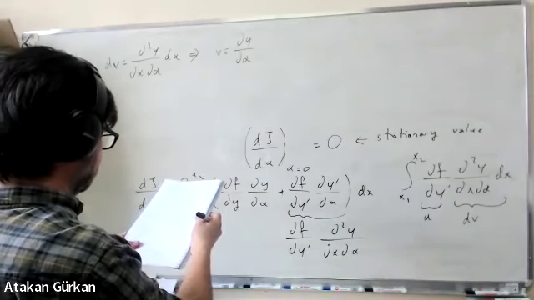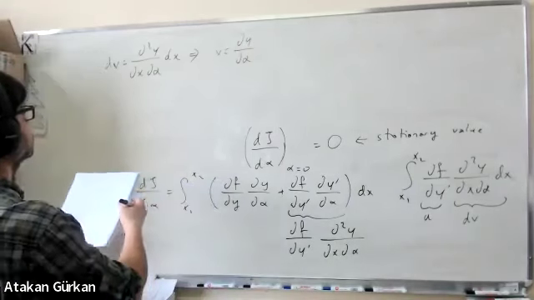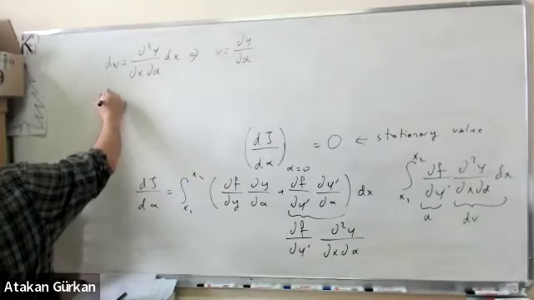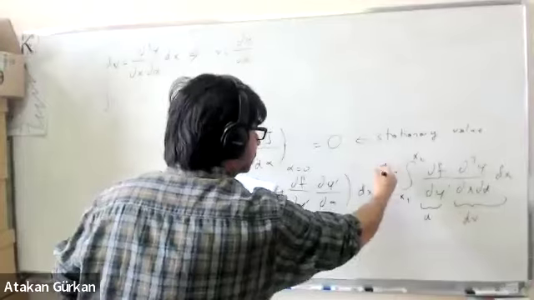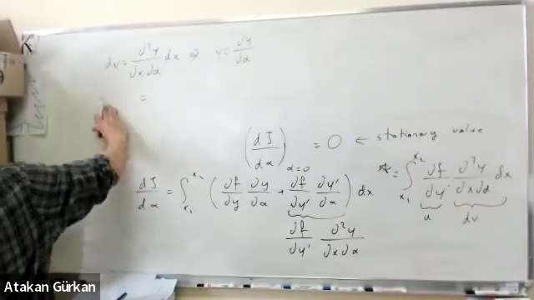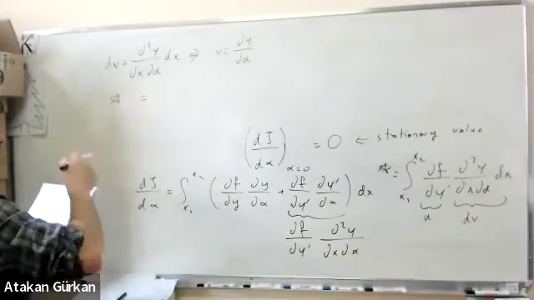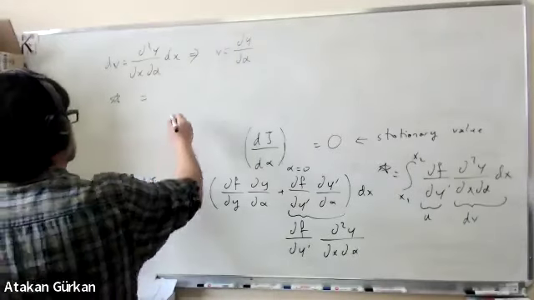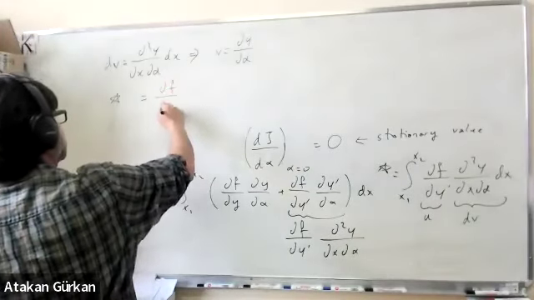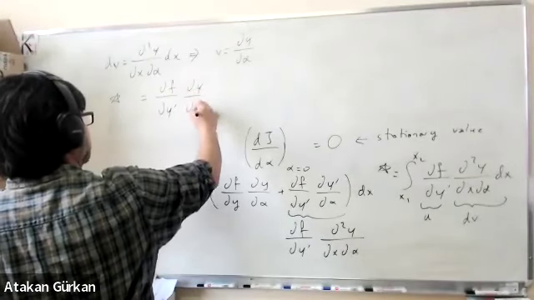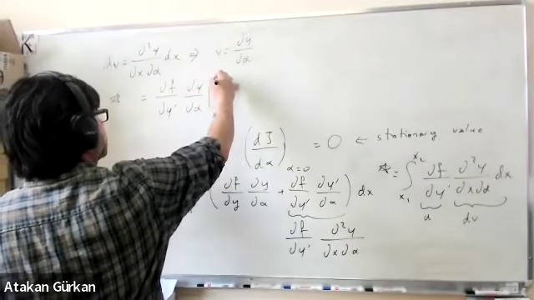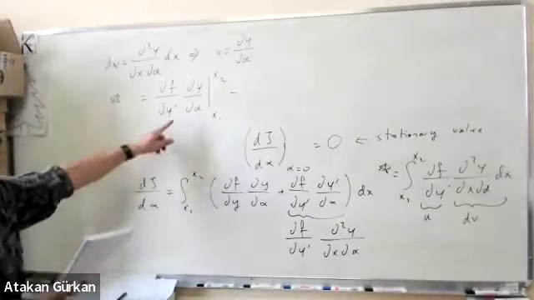And I can write that integral over here as del f by del y prime, del y by del alpha, from x1 to x2, minus. So this is the uv part.